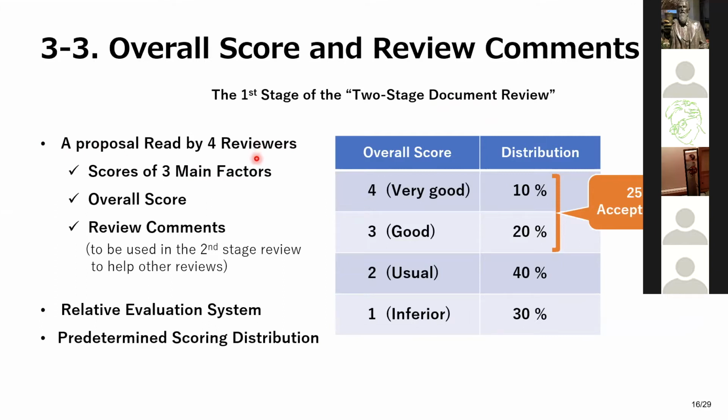And each research project will be given the scores of 3 factors, which we looked at in the previous slide, and an overall score and short review comments like the pros and cons of the reviewers. These comments are used in the second stage review.